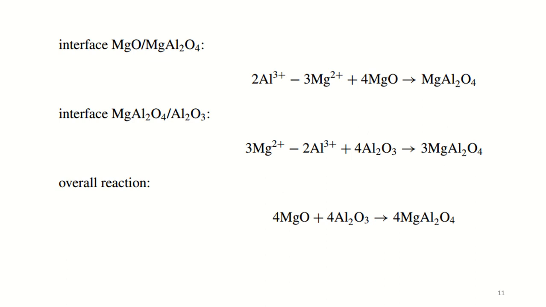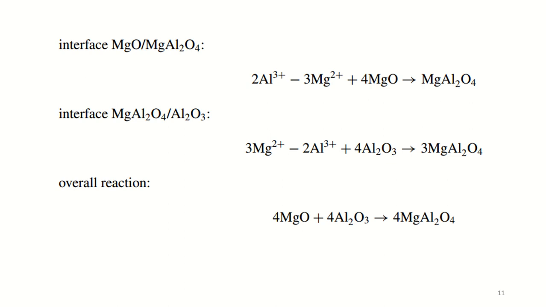In order to preserve local neutrality during reaction and throughout the product, it is necessary that for every 3 magnesium Mg2+ ions that diffuse to the right hand interface, 2 aluminium Al3+ ions must diffuse to the left hand interface.